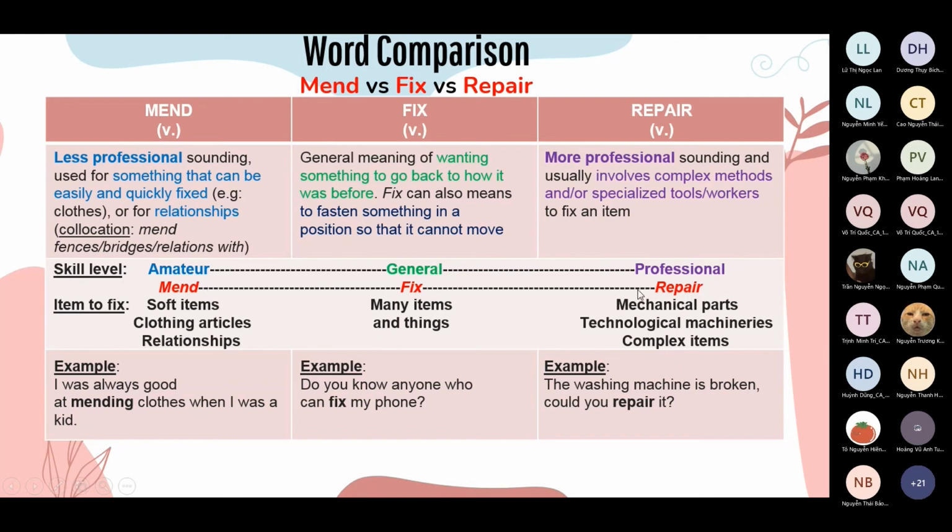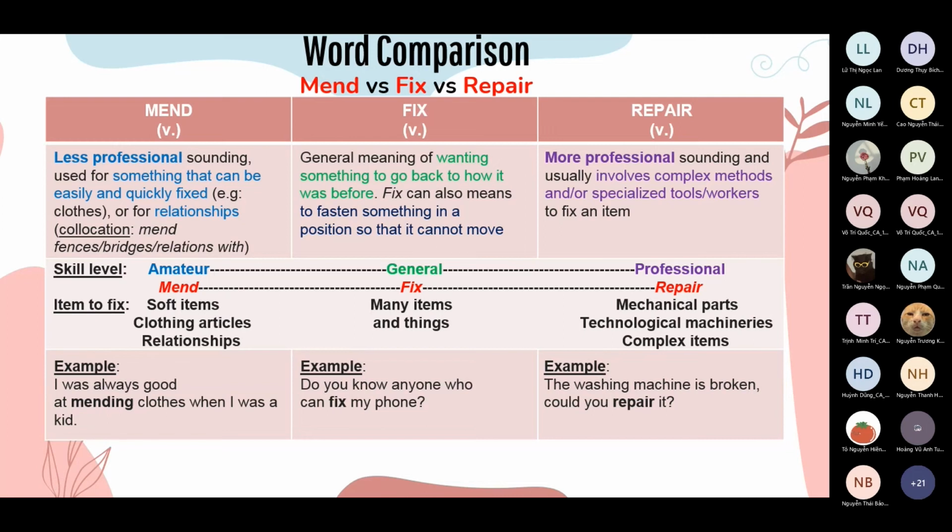At the top here is the skill level associated with that word, and at the bottom here is the item associated with that word. If the target item is a soft item or a clothing article, then you use mend. If the target item is complex machinery and all, you use repair, and for everything else, you can use fix.